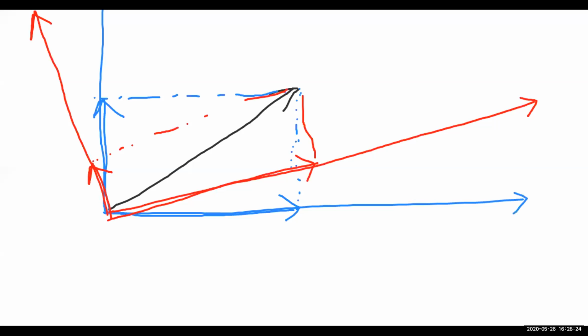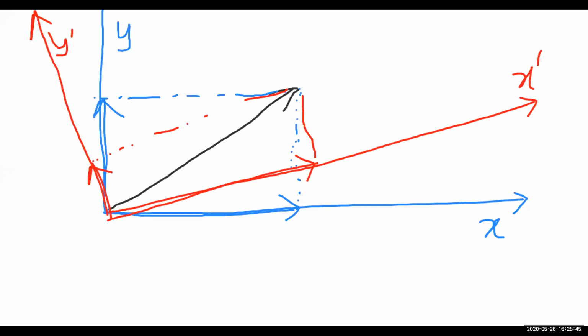So let me call this the x-axis, let me call this the x dash axis, and let me call this the y-axis, and let me call this the y dash axis.